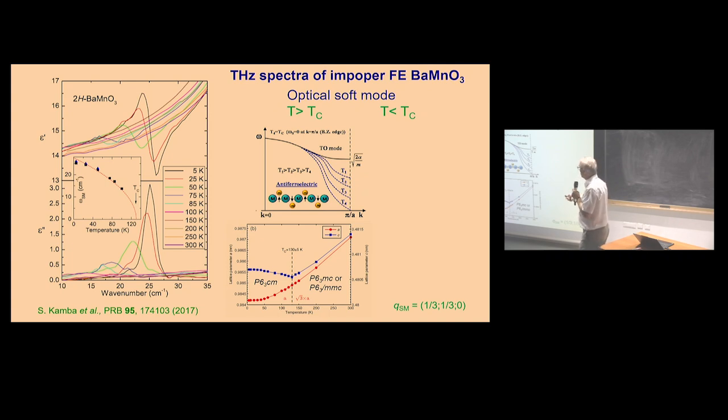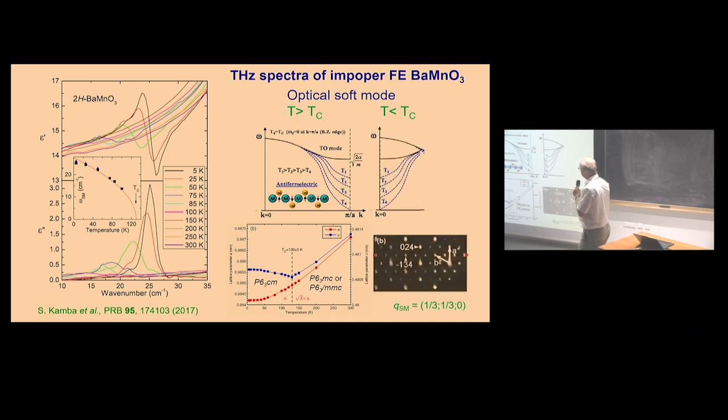So we can measure only phonons at the gamma point. The phonon softening is here, and then at low temperatures you have multiplication of the unit cell, and you have folding of the Brillouin zone to the center, and this phonon comes to the Brillouin zone center, and therefore it can be activated in infrared spectra, which is shown here.